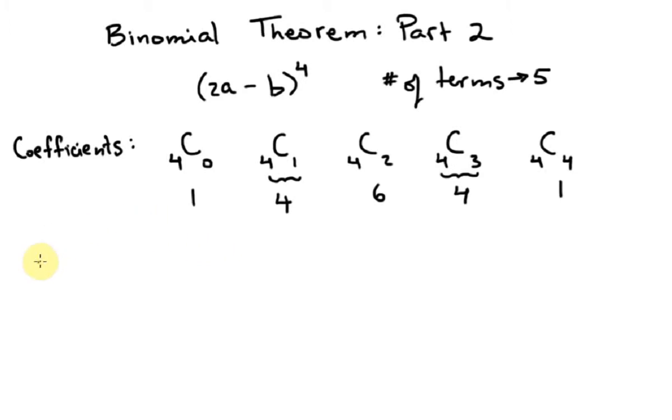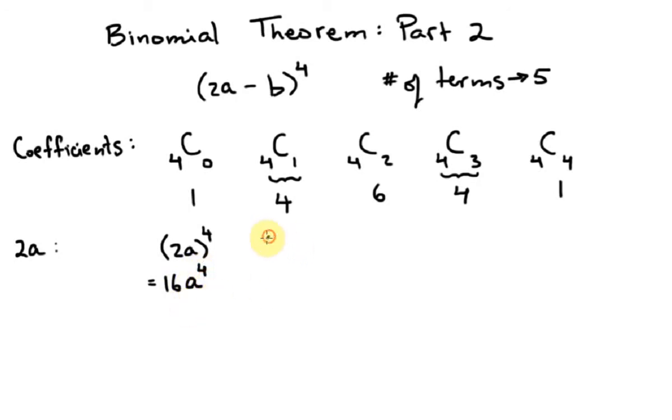Next thing I've got to do is the 2a stuff. So I'm going to try and plug that in. Remember how it started off? The 2a starts off to the same degree as this exponent here. So it's raised to the 4, so this will be 2a to the 4. Now you're going to want to expand that out. 2 to the 4 is 16, and then we have a to the 4.